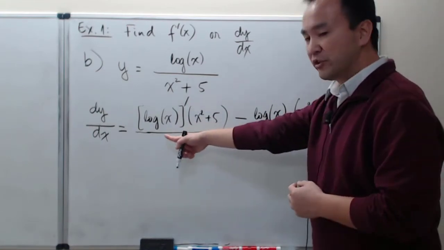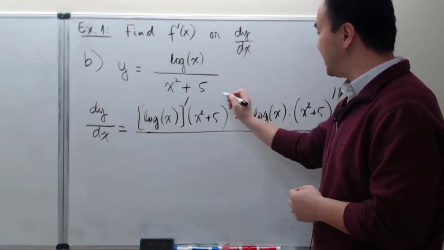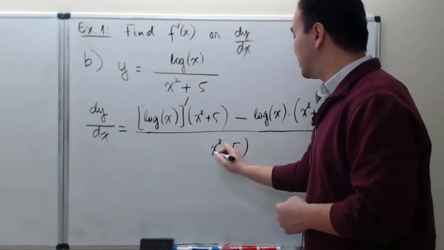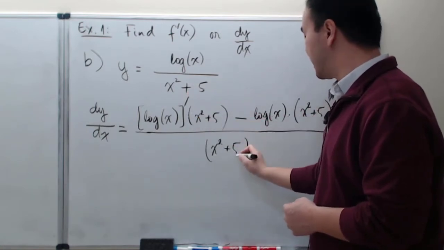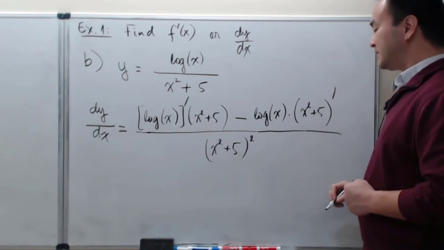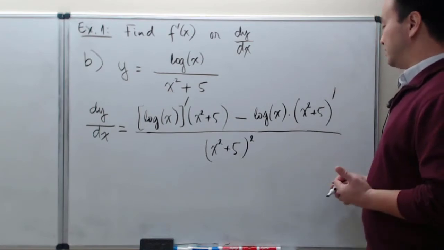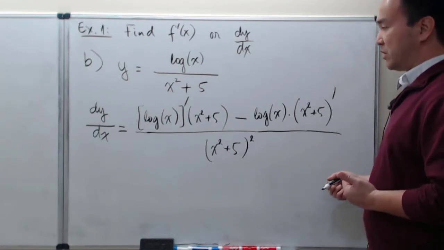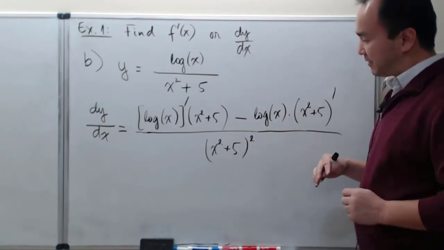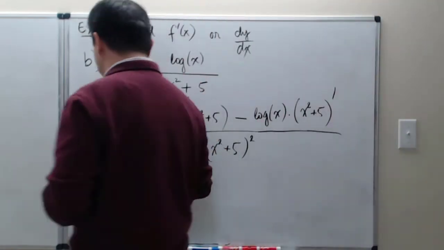And then the quotient rule says further that we need to divide this difference here by the square of your original denominator. So now it's x squared plus 5 being squared here in our denominator. And now we are ready for getting the actual derivative. So right now it's just a layout, a foundation for our next step. But now let's move on.